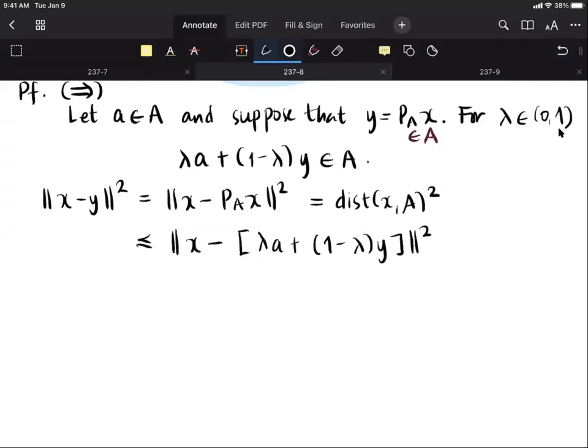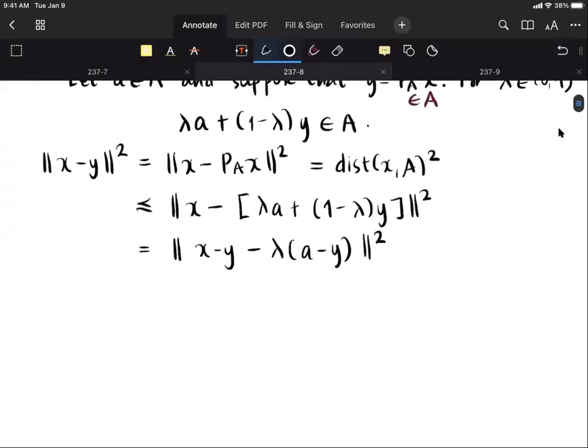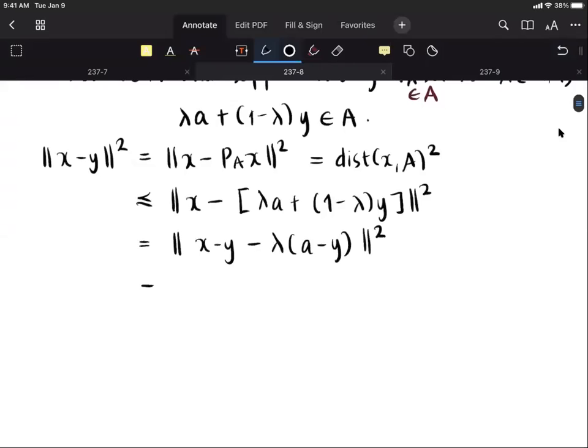And rearranging the terms, we have the following. So here you will have x minus y minus lambda times a minus y. And if you expand this, you will have the following.